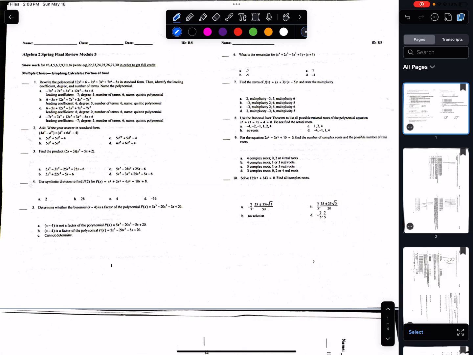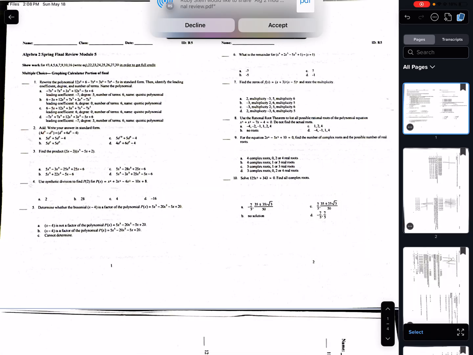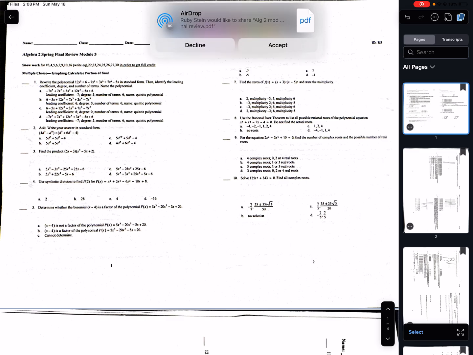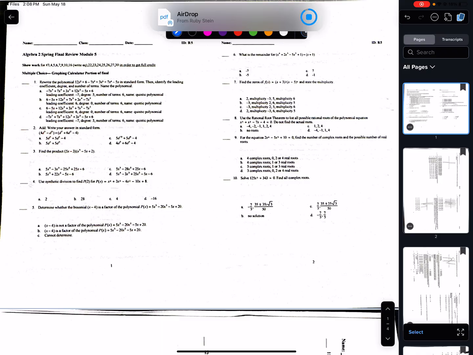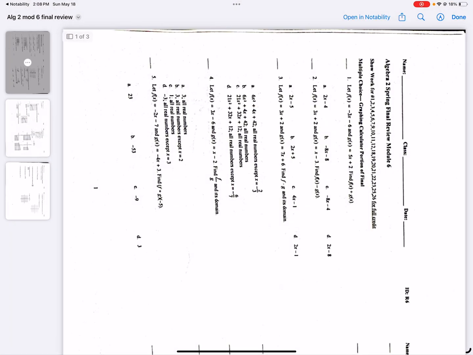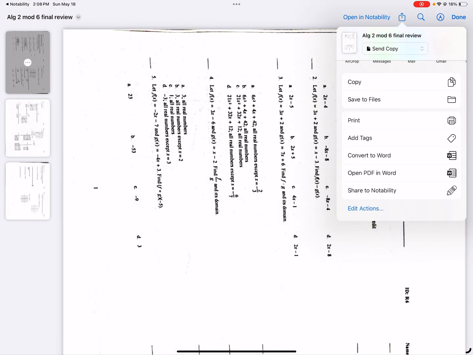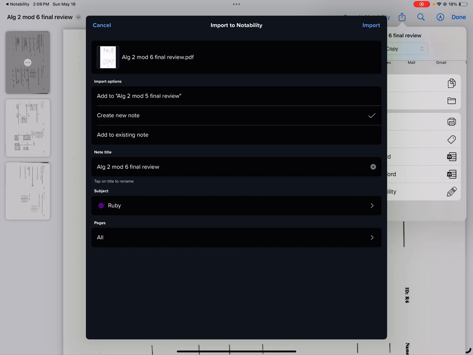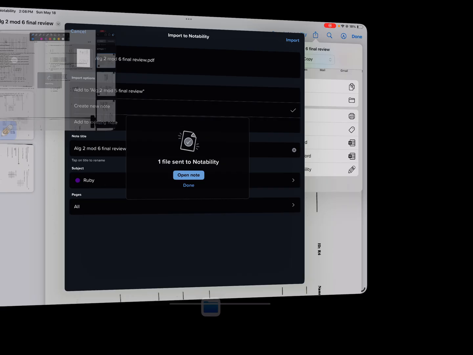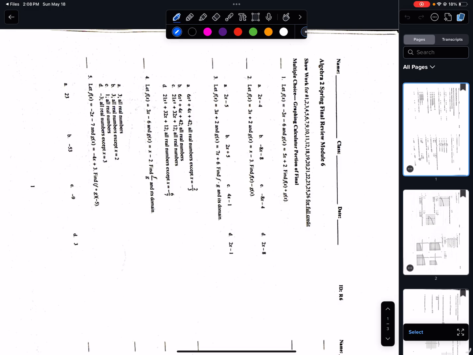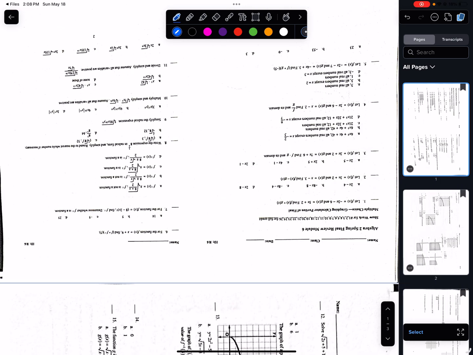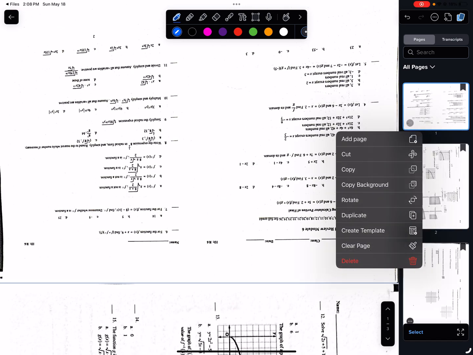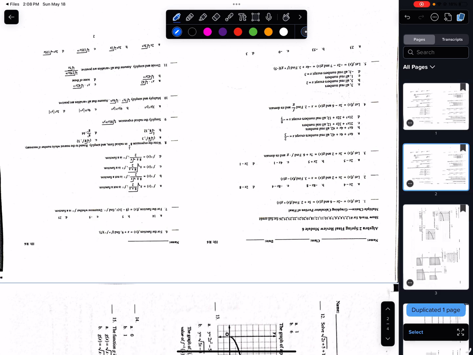I'll airdrop it again. Got it. Cool. Share. Open. Okay, so you can peek through those and let me know which one you want to do.